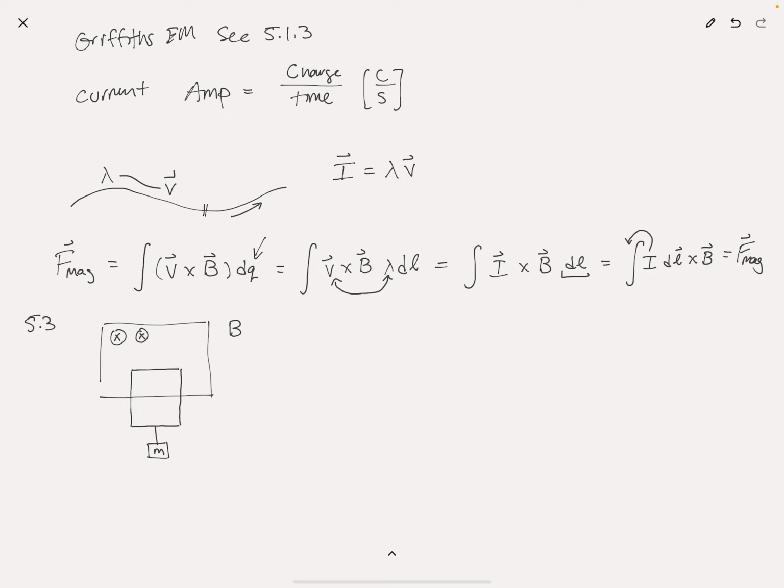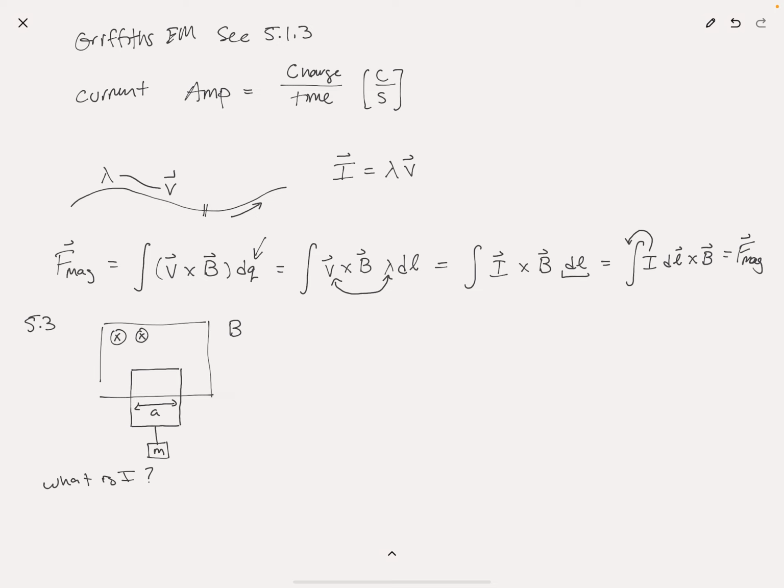It has dimensions. We'll say this dimension is A right here. Our goal is to figure out what current is necessary to run through this loop so that this mass stays in one spot, so it doesn't fall.